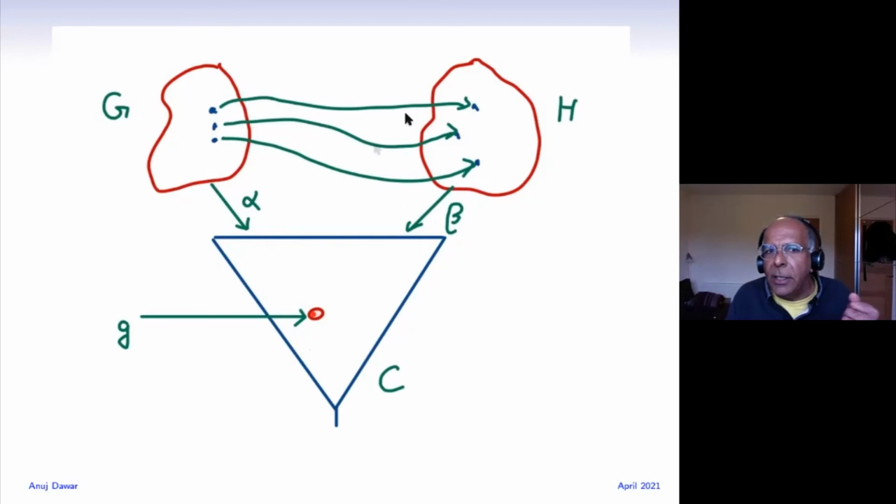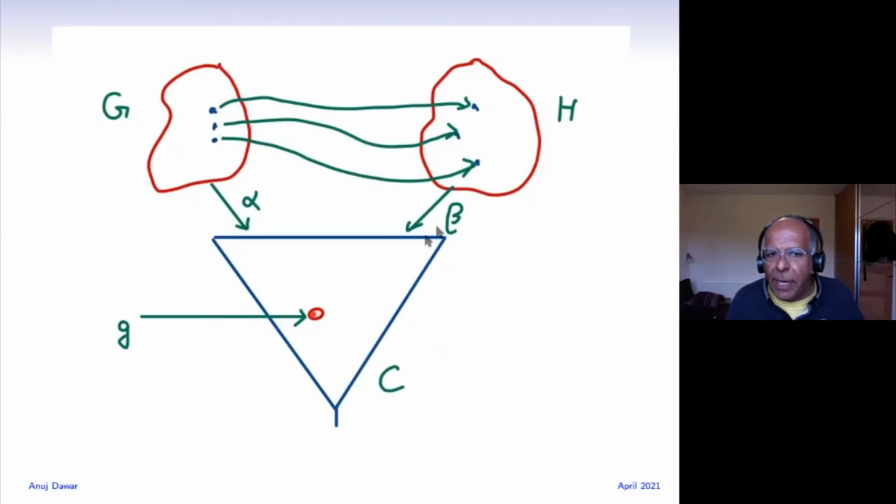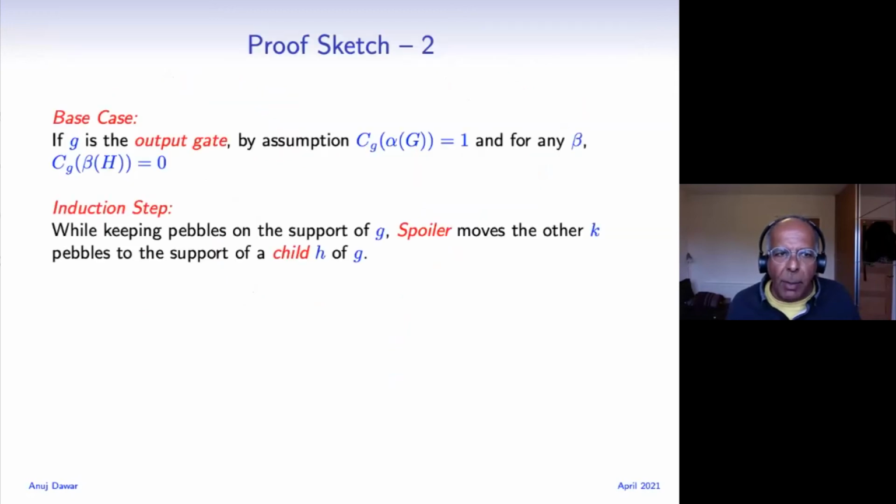Whenever duplicator changes the bijection, you compose that with alpha to get a different beta over here. But as long as the currently pebbled positions are not changed, this is okay for spoiler. Okay, I realize this is very sketchy. I have a bit more detail on the slide, but I don't expect you to read it. So as I said, on the output gate, by assumption, they have different values for any beta.